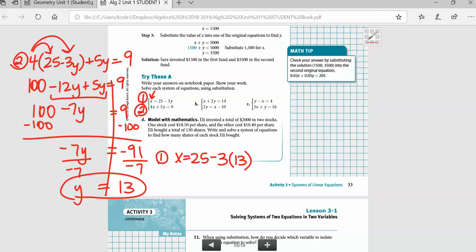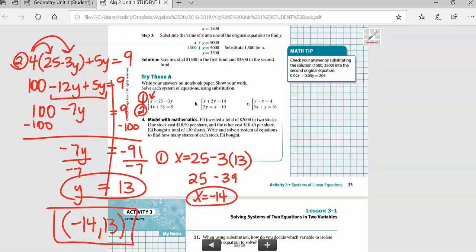The first thing I'm going to do is multiply negative 3 times 13, which gives me negative 39. So I've got 25 minus 39, which gives me negative 14. So my solution is negative 14, comma 13.